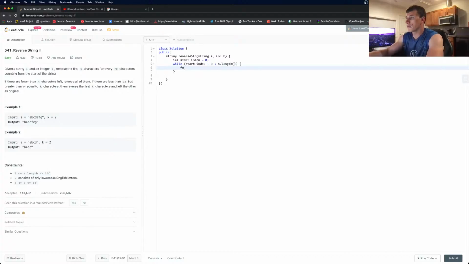All right, so we do for int i equals start index, right, and i is less than start index plus k, and i plus, actually plus k half, right?